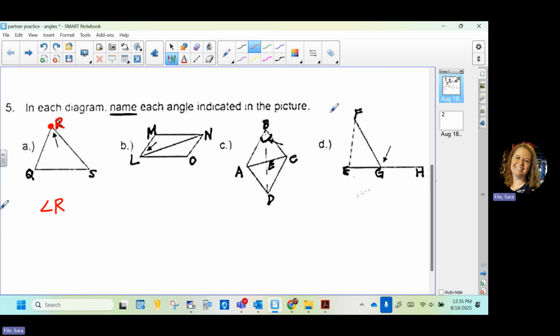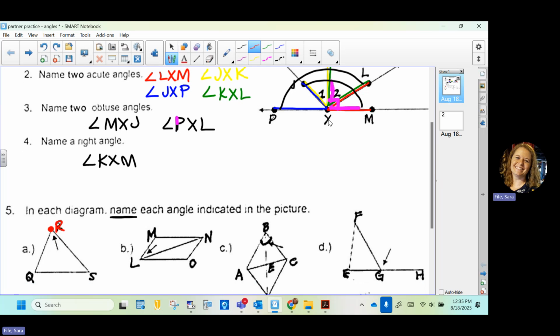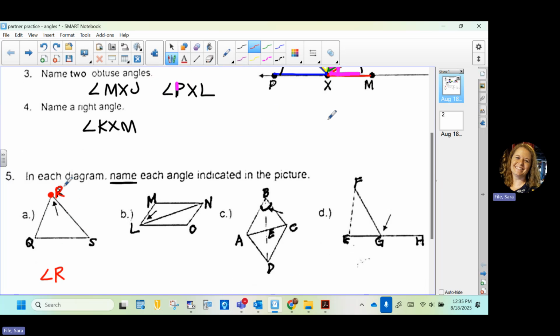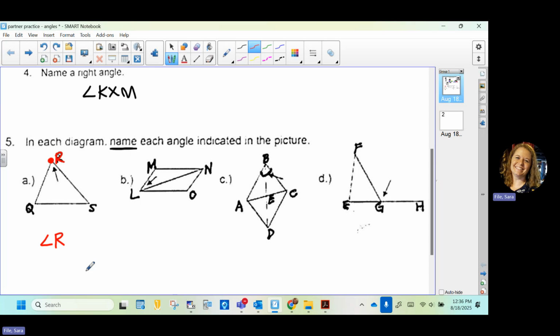Up here in this previous one, I could not just say angle X because there's a lot of different angles with X as the vertex, right? But in this picture, there's only one angle with R as the vertex, so I'm allowed to just use the vertex if it's the only angle there at that vertex. Okay, but if I was going to name it with 3 letters, what order would I put them?